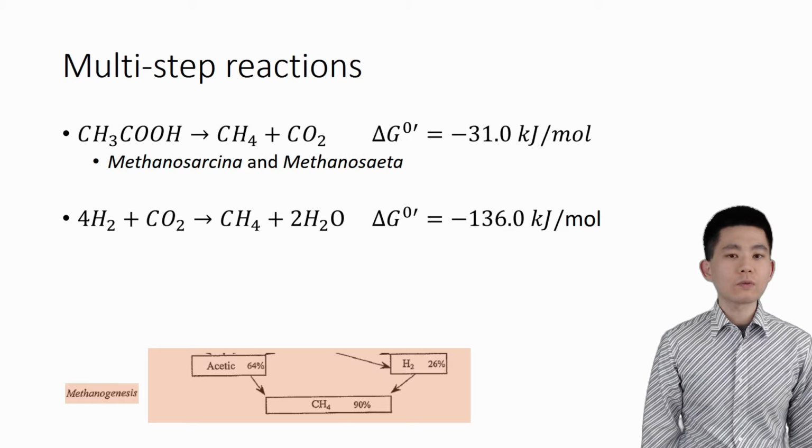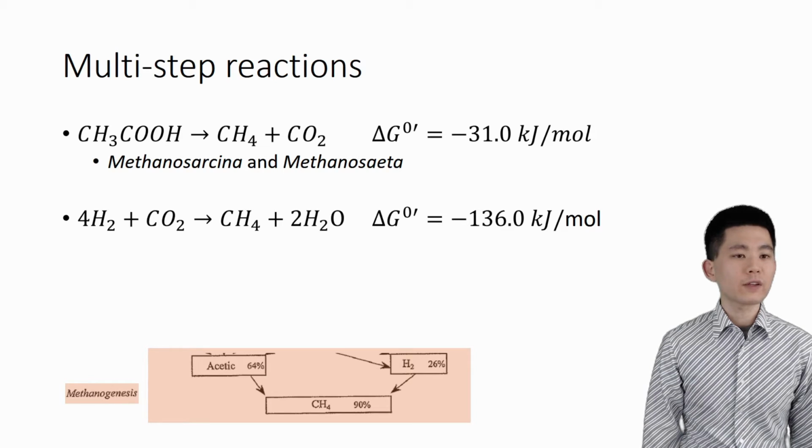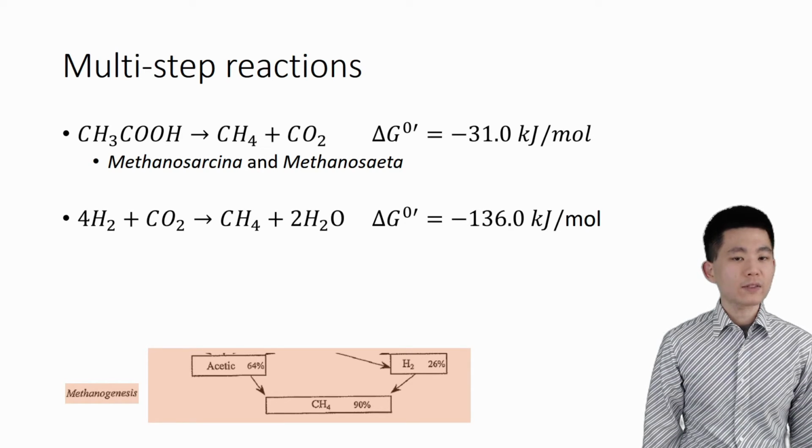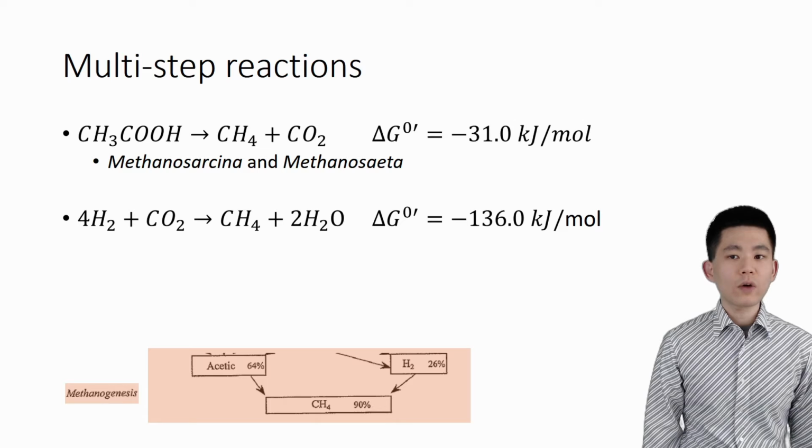We know these two major genera, Methanosarcina and Methanosaeta. Even though Methanosaeta has a lower mu max compared to Methanosarcina, its K sub S value is low, making it the dominant acetoclastic methanogen in typical anaerobic digesters, which have low acetate concentration.